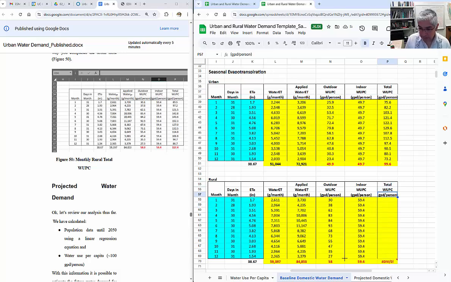And then this will be the sum of these two. Yep, it went to our recorded value.